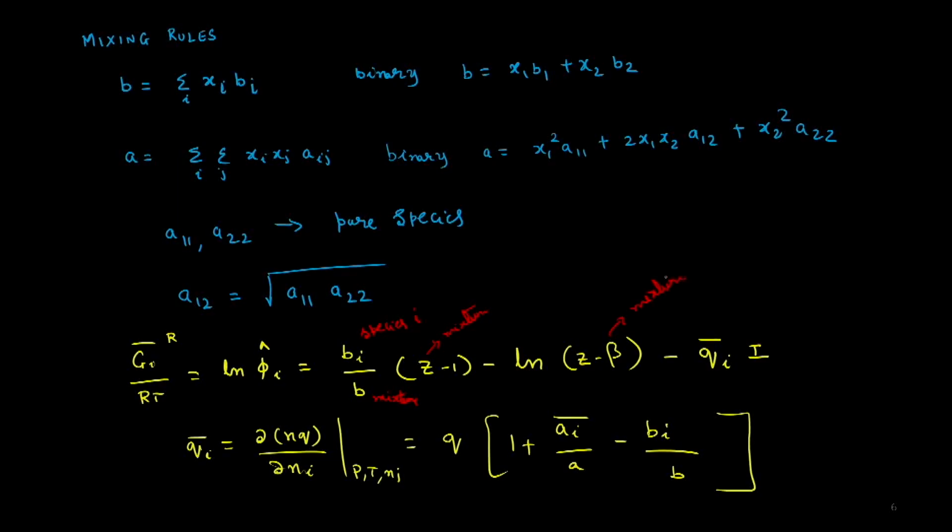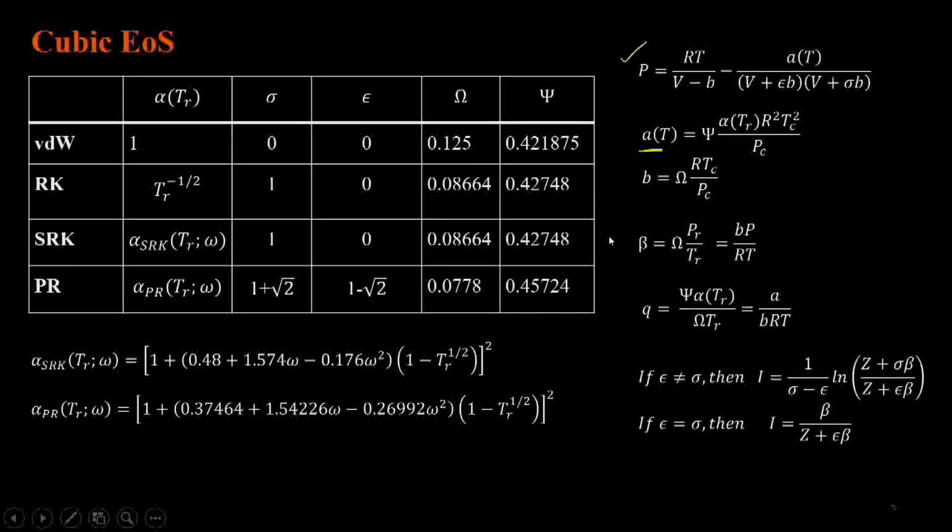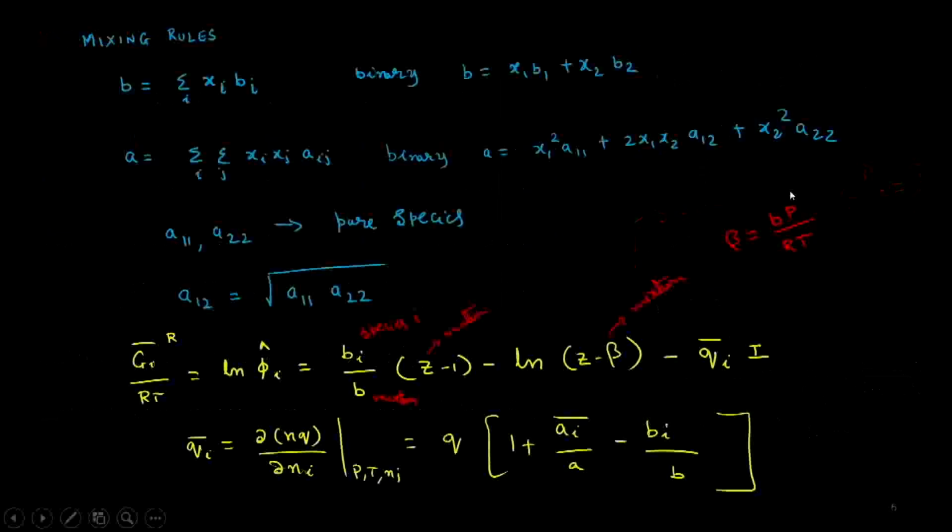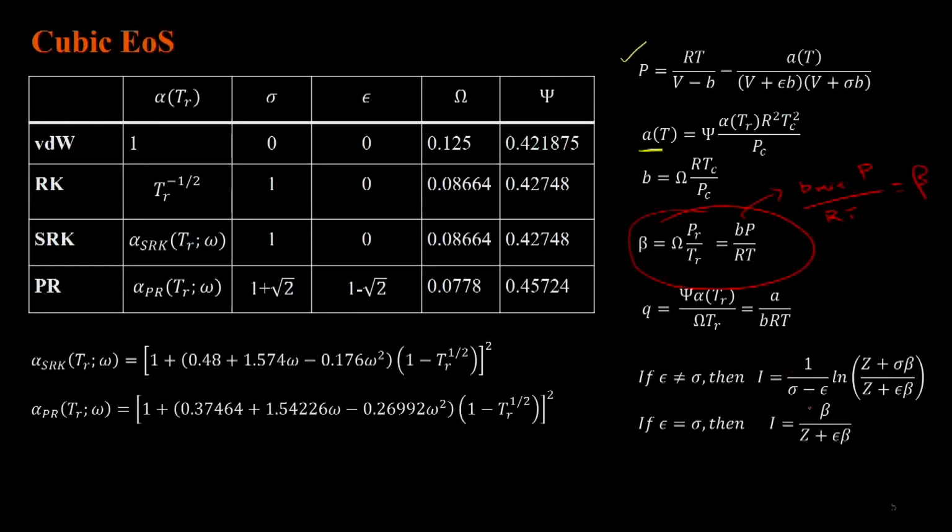And if you recall, beta was B times P over RT. So I use B for the mixture times P over RT. That will give me beta. That beta is for the mixture. I, again, is given by these two definitions here. I have Z, which is for the mixture, beta for the mixture, and sigma and epsilon come from the equation of state I choose.